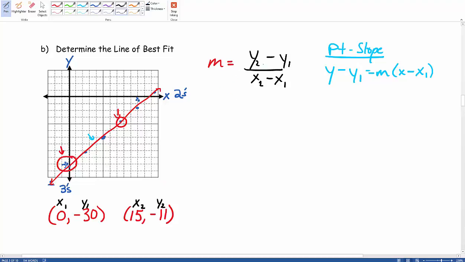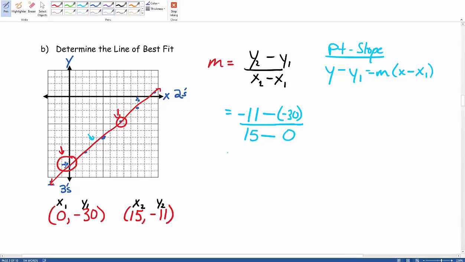So if we just look at our slope, we have our y2, which is negative 11, minus our y1, here it is, negative 30, divided by our x2, here it is, 15, minus our x1, 0.